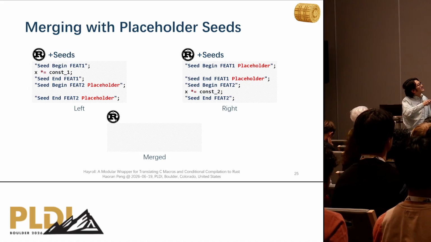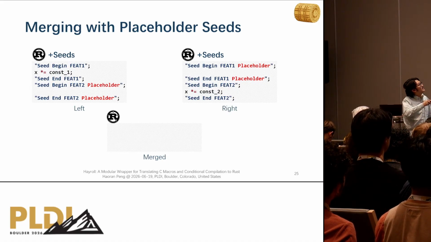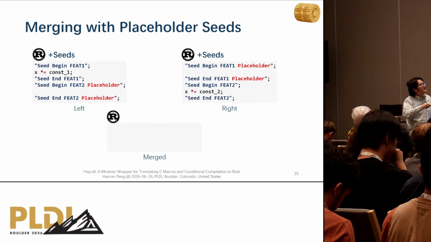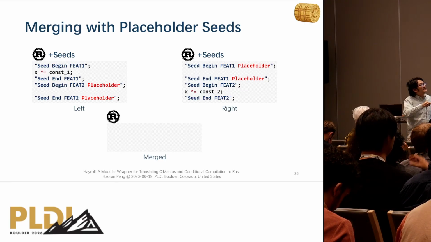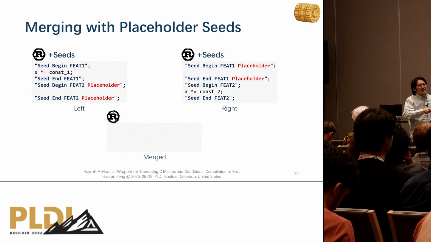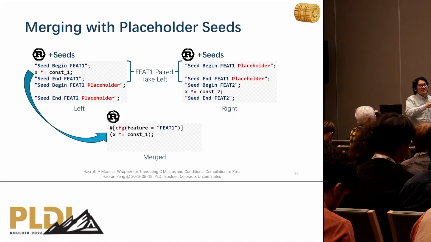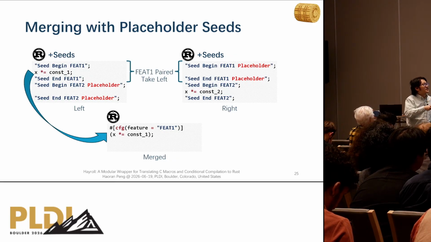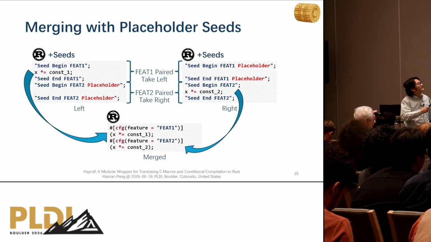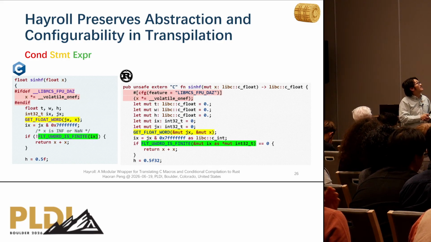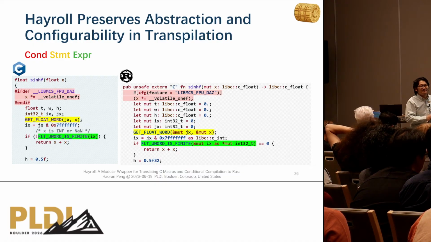For example, the left version could have been processed with feature 1 enabled, and the right version with feature 2 enabled. So by also putting these placeholder tags, our merger will be able to pair these flags and, kind of like git merge, select the right version to put into the merged software, and at the same time, of course, put feature tags on it. Yep. So overall, Hayroll preserves abstraction and configurability in transpilation.